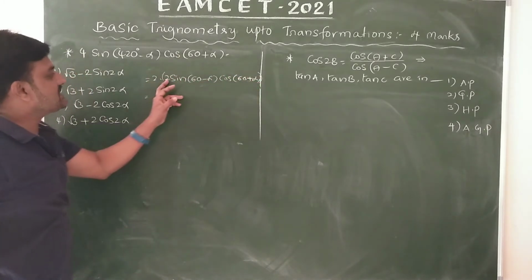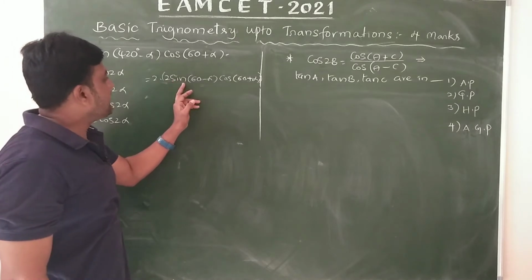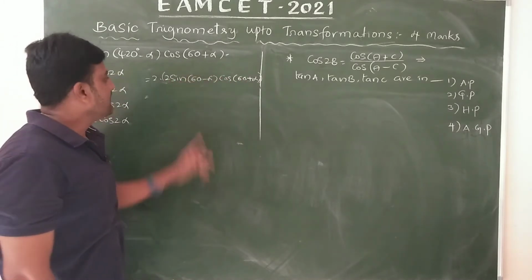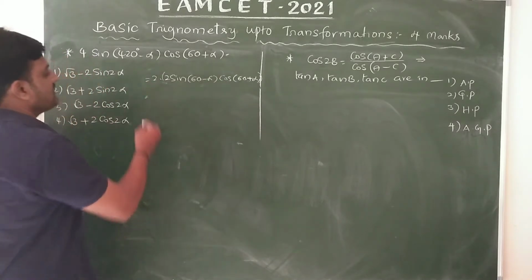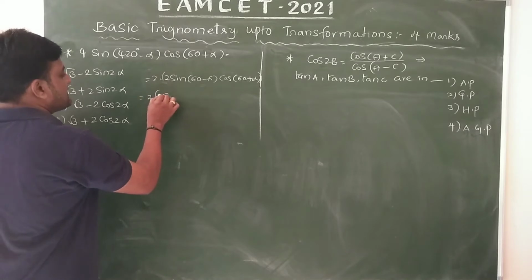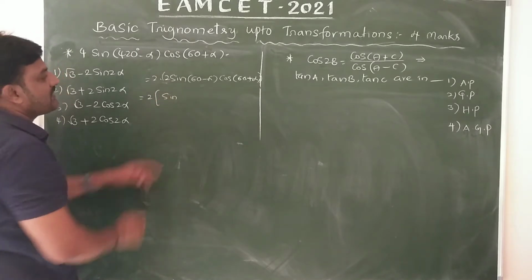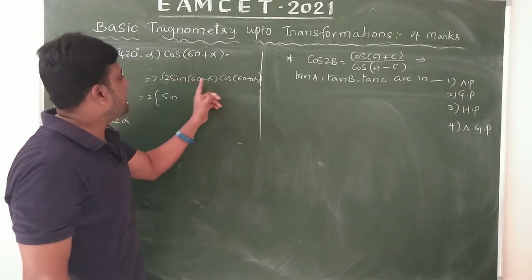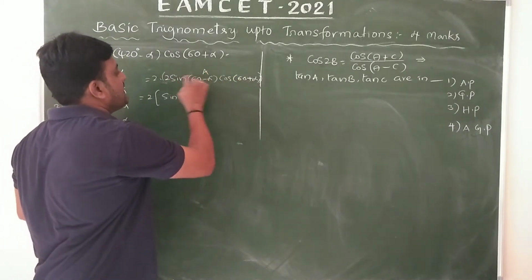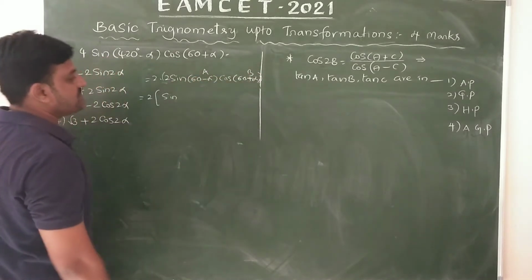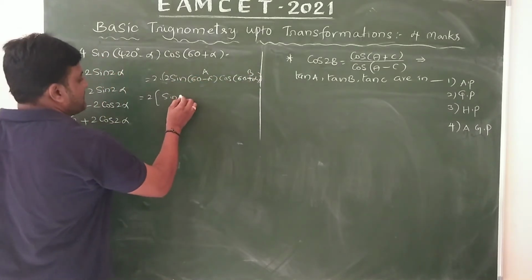Now it is 2 sine A cos B. Which formula? Sine and cos, it is a sine formula. 2 into 2 sine A cos B, choosing A and B, equals which formula?